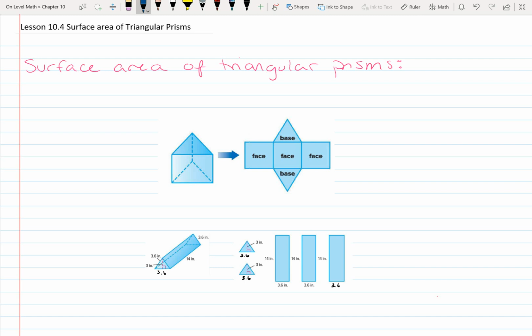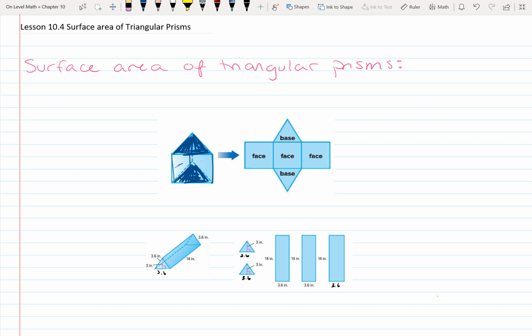Alrighty, so a triangular prism is called a triangular prism because the base is a triangle, right? The bases are triangles. So we've got a triangle here, and then we've got the triangle at the bottom. And then we've got these sides that are connecting the triangles, right? So we've got a side here, and then a side in the front.